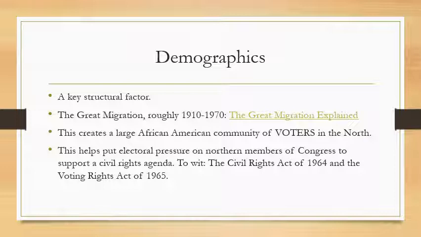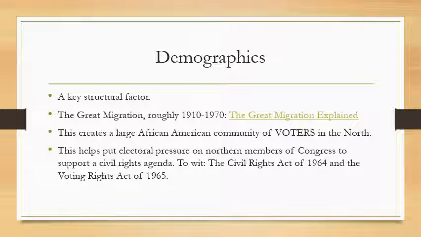Because then these millions of African Americans go from being unable to vote in the South to being able to vote in the North, right? Because they're moving to cities like Cleveland, Ohio, Chicago, Illinois, Philadelphia, Pennsylvania, New York City, New York, Detroit, Michigan, Baltimore, Maryland, Milwaukee, Wisconsin, on and on, right? So now they're able to vote.